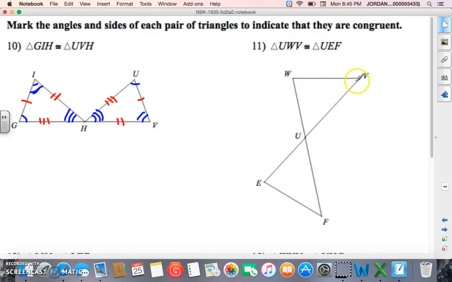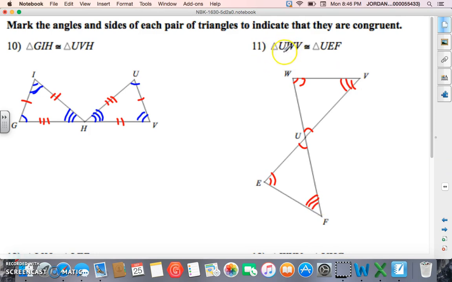All right, let's do one more, and I'll let you guys try one. UVW. So let's say angle U is 1. So this angle U is also 1, because those 2 correspond to each other. And then W and E will both get 2 marks. And then V and F will both get 3 marks. Alright.